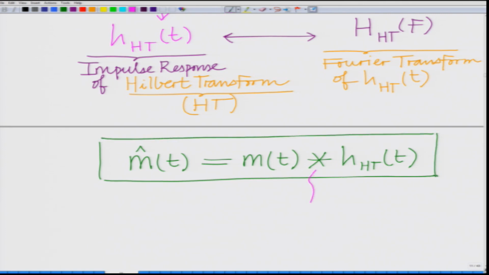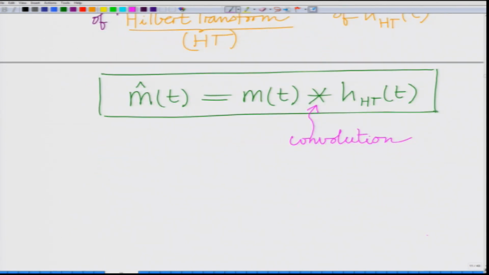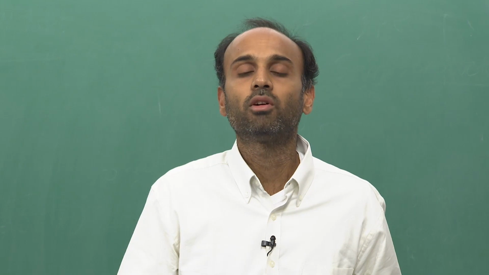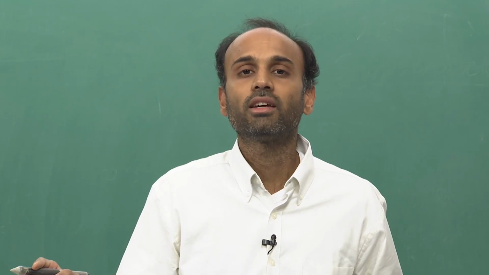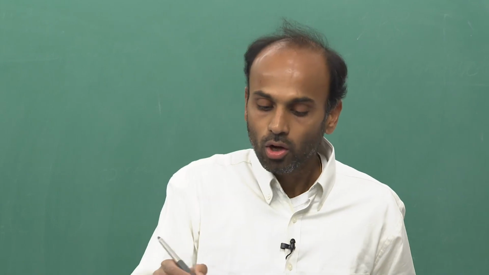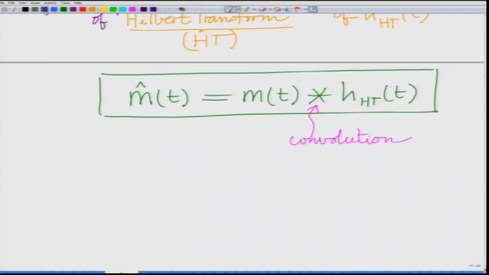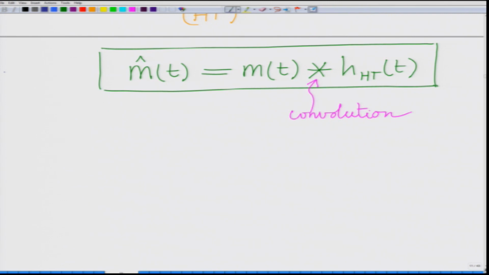So, this is the relation: m(t) is the message signal, h_HT(t) is the impulse response of the Hilbert transformer, and m hat of t is their convolution. Now, what we want to do is to characterize the Hilbert transform, we want to find an expression for the impulse response.